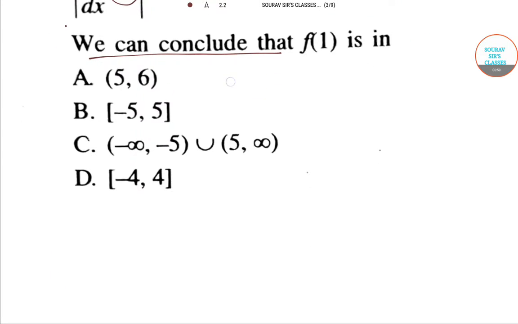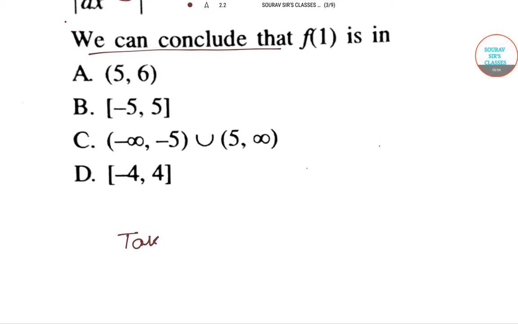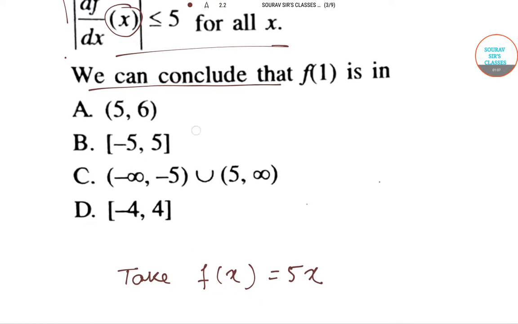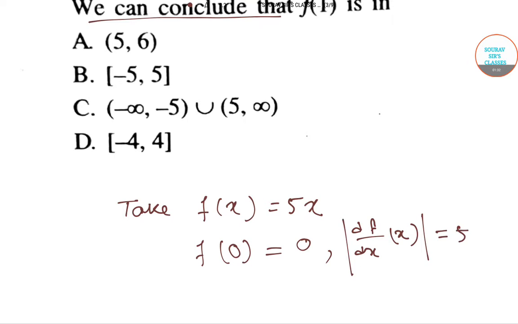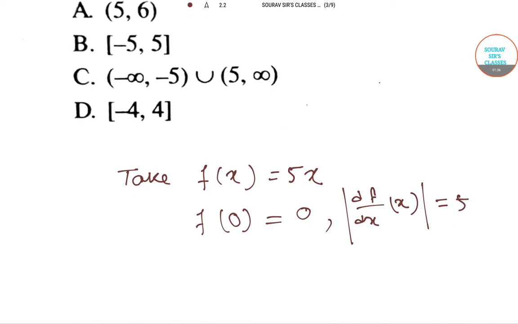So we can do one thing: we can take f(x) equals 5x from this. Hence f(0) is 0, which we already know from the question. And we have another piece of information: df/dx of x equals 5, which is also less than or equal to 5.